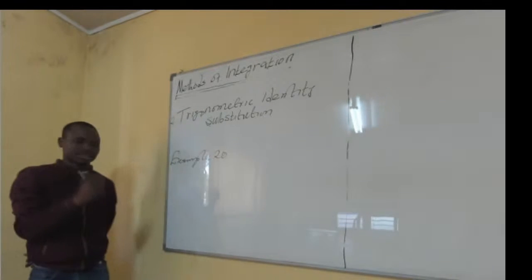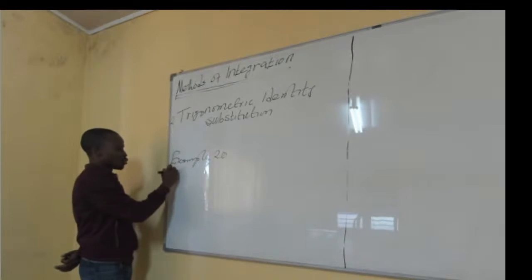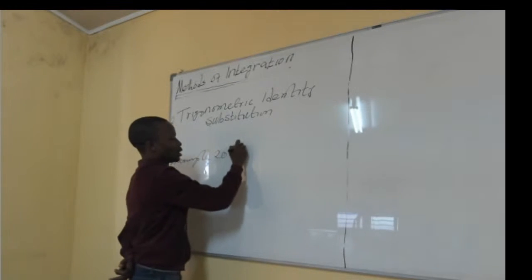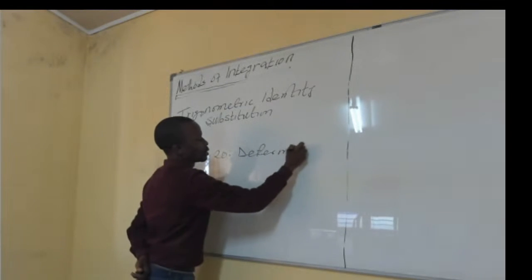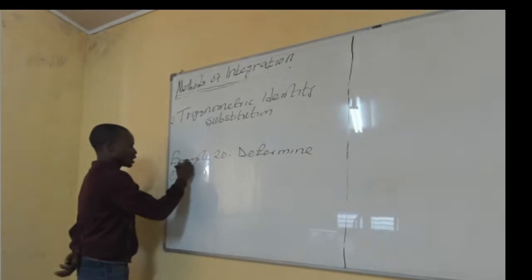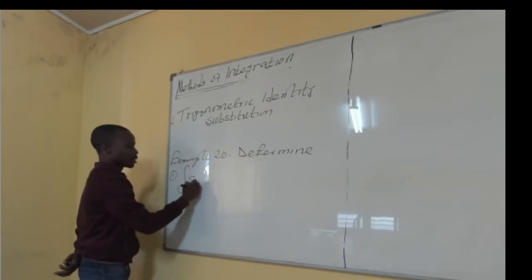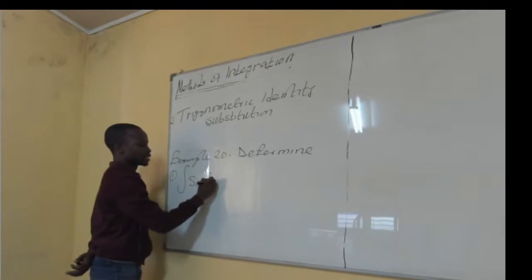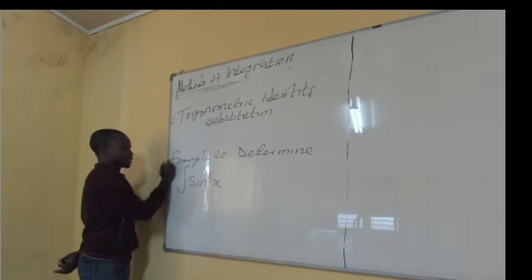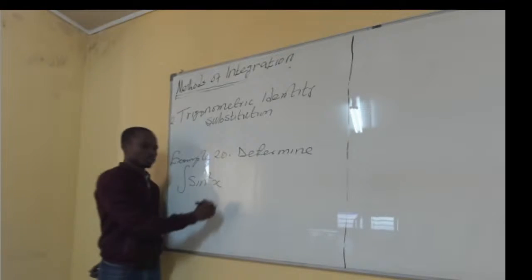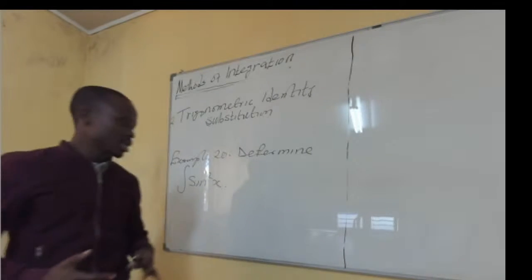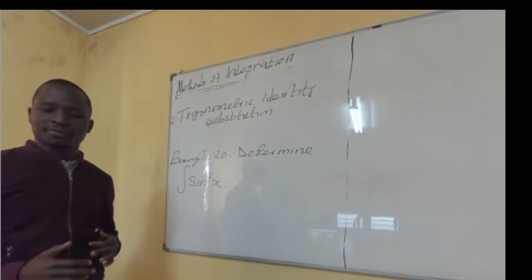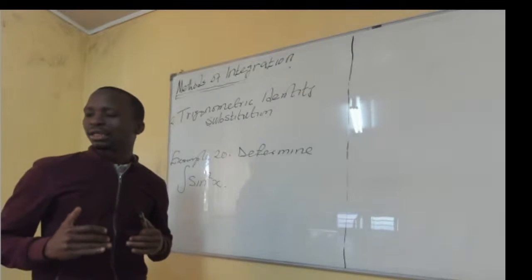It is asking us to determine the integral of sine squared of x. I know there are 2 questions there, but I'll just write one. Determine the integral of sine squared of x.